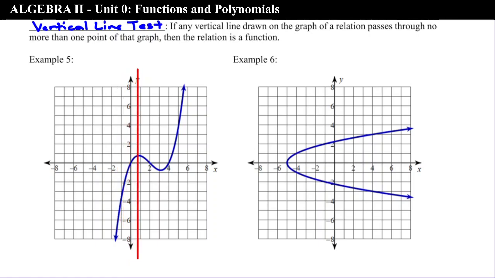And all the time that we're doing this, the graph of the function only crosses this vertical line one time, never more than once. So since it doesn't cross that vertical line any more than once, we can therefore say that this graph is a function.